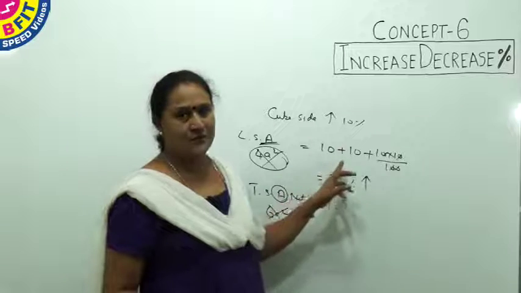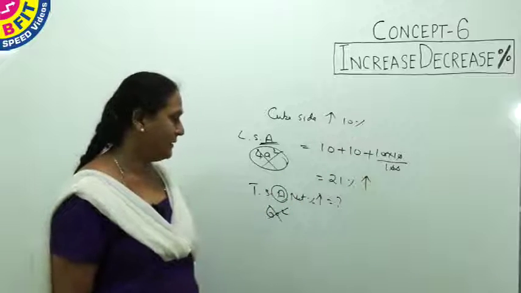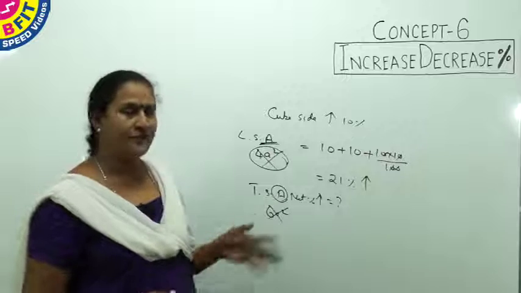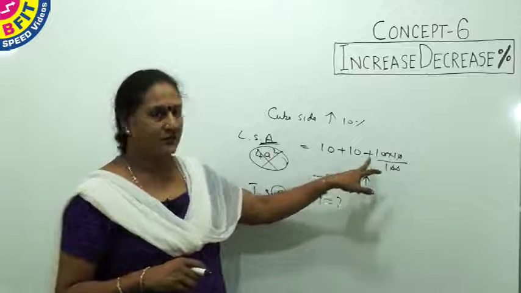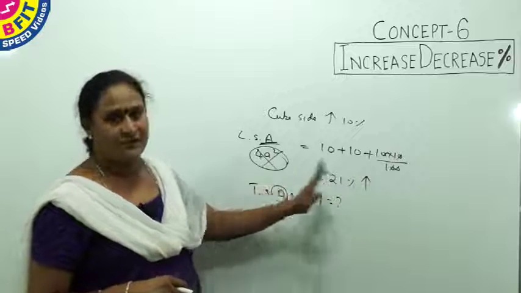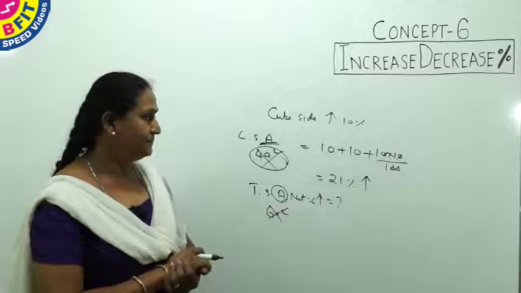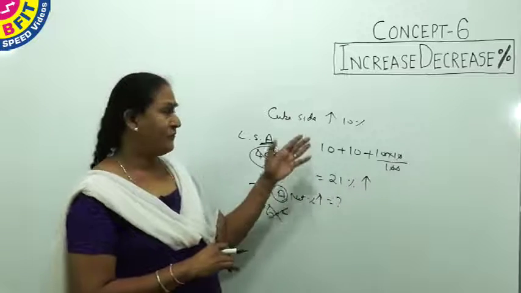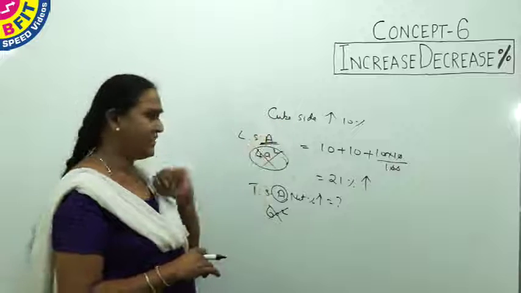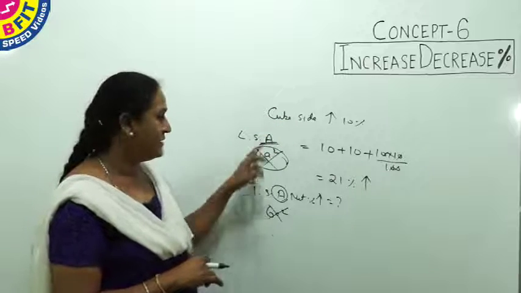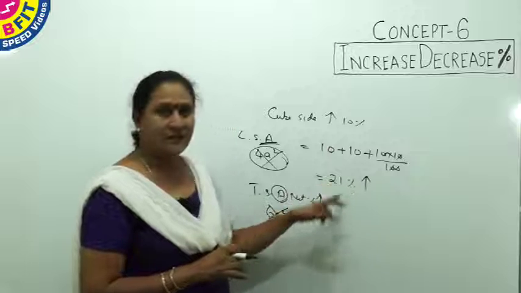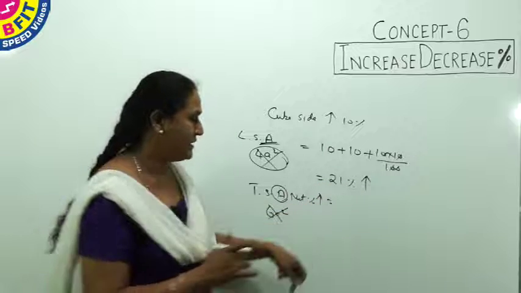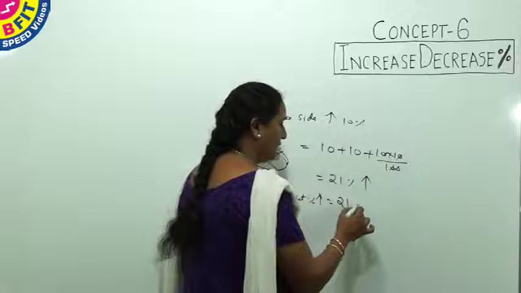So we can use the same x plus y plus xy by 100. We are not going to find total surface area, only the increase. So net increase can be found using this, which is equal to the same 21%. So we have discussed for a cube lateral surface area and total surface area. Whenever area is same, same percent increase will result in the same value. So TSA is also 21% increase.